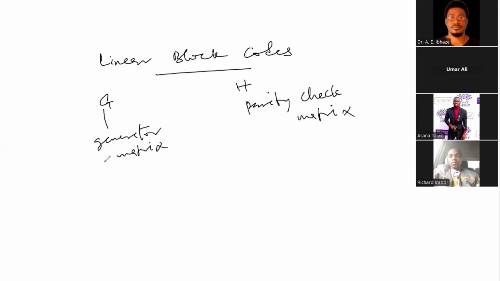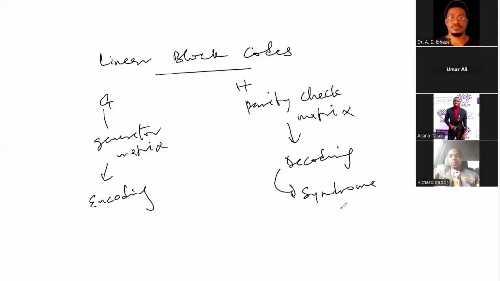So while we use the generator matrix for encoding, we use the parity check matrix for decoding. Okay. And one common word we use here is syndrome, called the syndrome decoding.